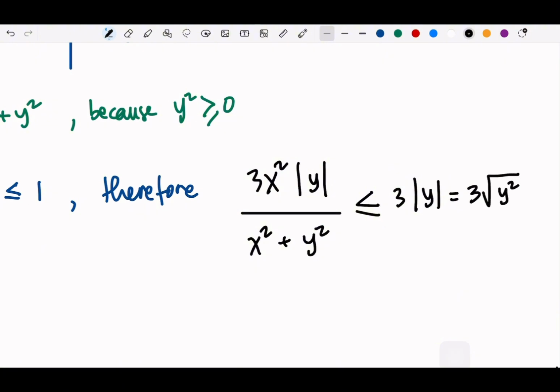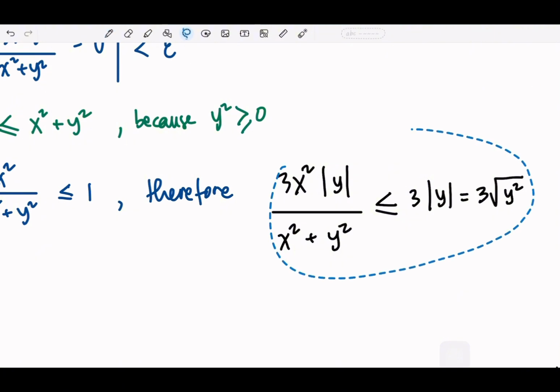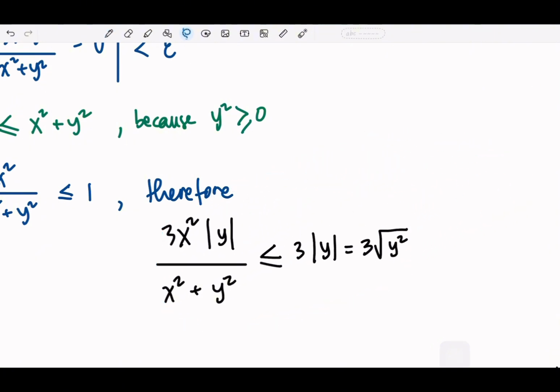And since the square root of y squared can be plus y or minus y, that's why we have the absolute value. We need to make sure that it's still positive. Which means that this y squared must be less or equal to this x squared plus y squared.